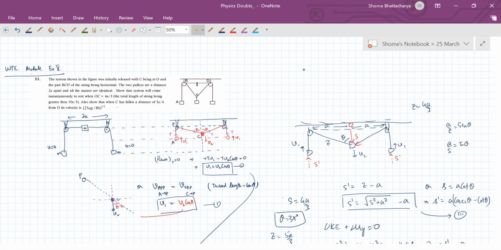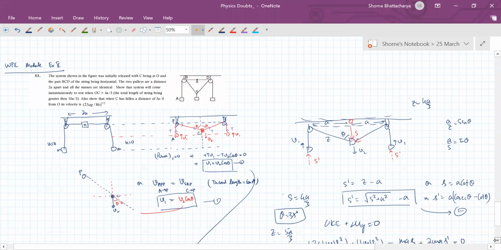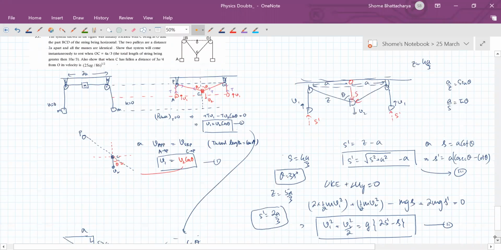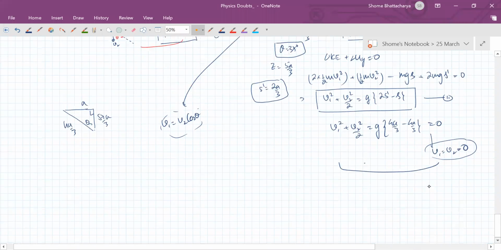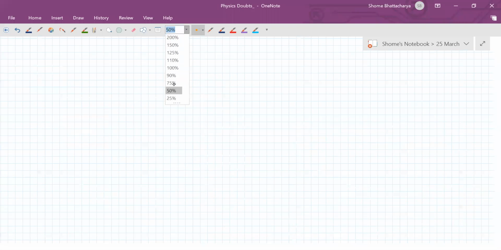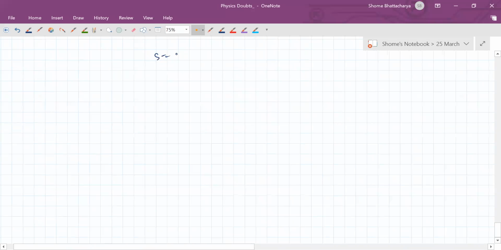Now also show that when C has fallen 3a by 4, at that time the velocity of which one is this? C is this much. Okay. So that's like a second part of this question where you now replace S with 3a by 4 instead of 4a by 3. So when S is 3a by 4, your theta will come out to be 53 degrees because this triangle is like this at that time.